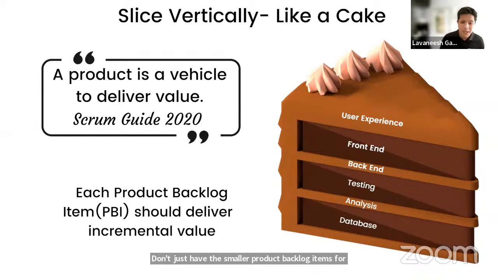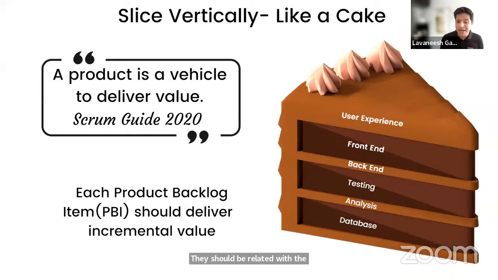For example, last year I was doing some coaching work in one of the banks, and when I looked into a few of the product backlog items that teams had, some of them were, as a tester, I want to test. Guys, testing, coding, analysis, yes, they have value on their own, but they do not deliver the value directly to the customers. And hence our product backlog items should be related to value.